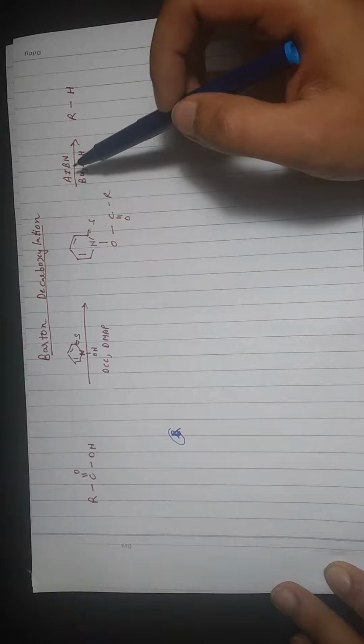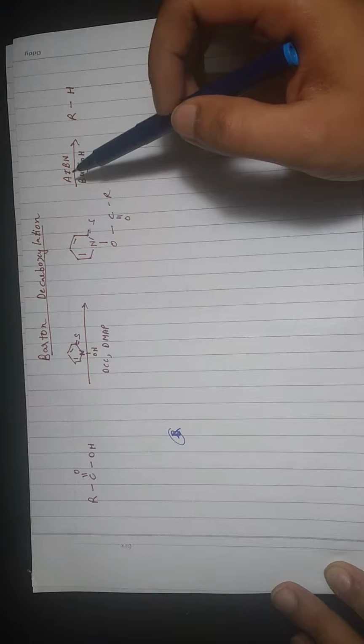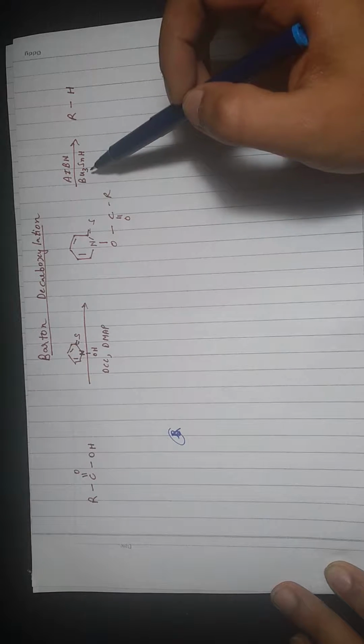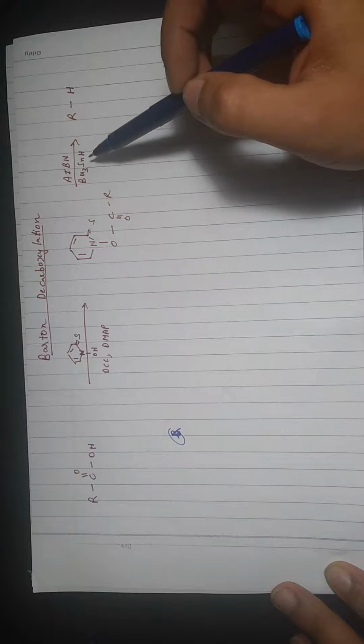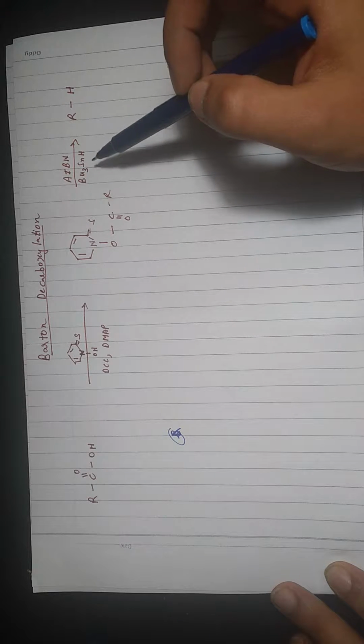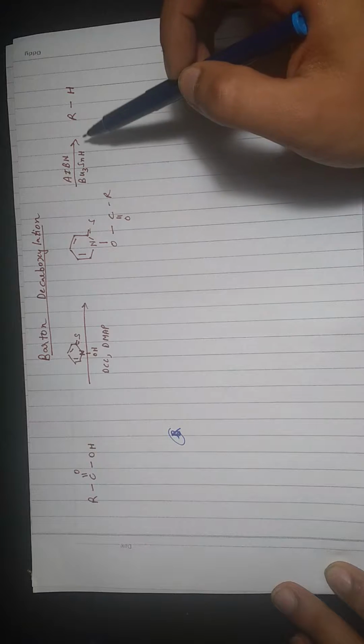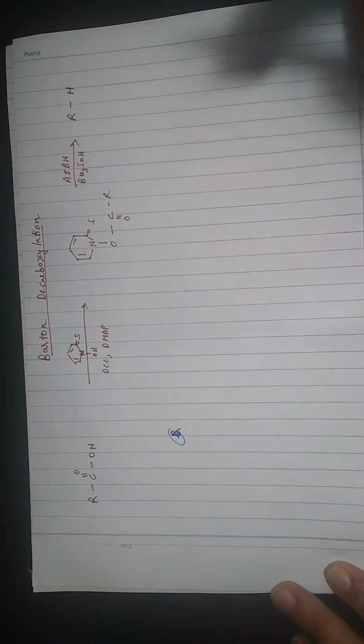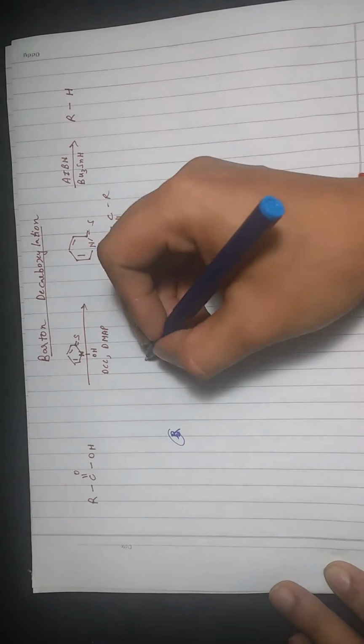It could be any radical initiator, like benzoyl peroxide is also a radical initiator. And then we add tributyl tin hydride, which basically donates its H radical, and then we get the alkane with one carbon less. So let's just look into the mechanism of this reaction.